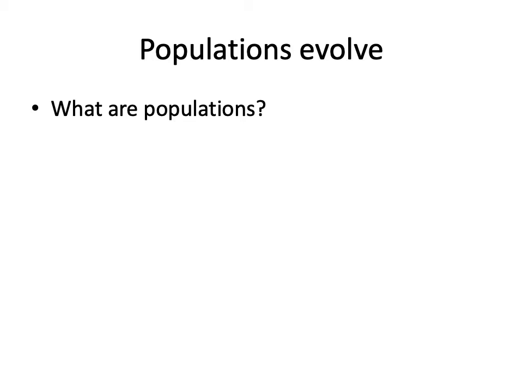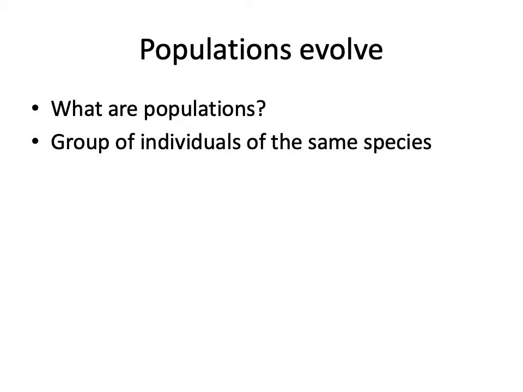What exactly is a population? A population is a group of individuals of the same species, and they're interacting with each other in different ways. They could be competing with each other, mating with each other, cooperating, helping each other out.